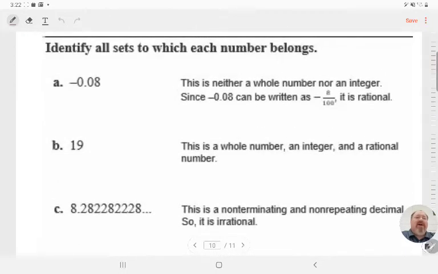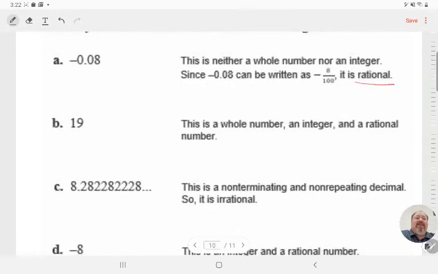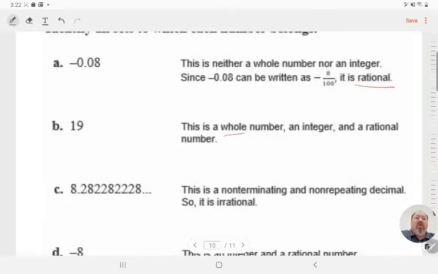So we are to classify or identify all sets to which each number belongs. So negative 0.08 or negative 8 hundredths. It is not a whole number and it's not an integer. Okay? But it can be written as a fraction of negative 8 over 100. So it is just a rational number. 19. 19 can be a whole number.